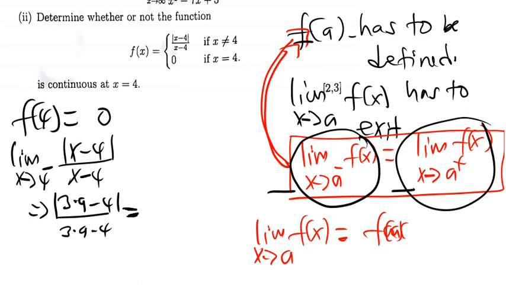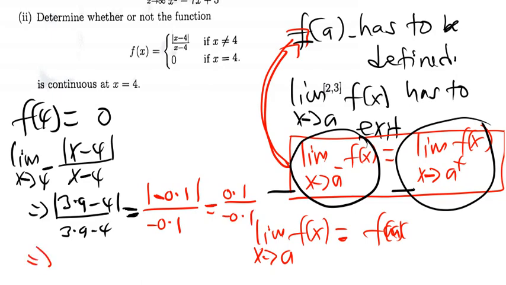Yes, negative 0.1 in the modulus. Even down here, I'm going to get the same negative 0.1. So the modulus of negative 0.1 is going to be 0.1. Then negative 0.1 below. What is the answer here? 0.1 divided by negative 0.1. It's negative 1, because of the negative down here.